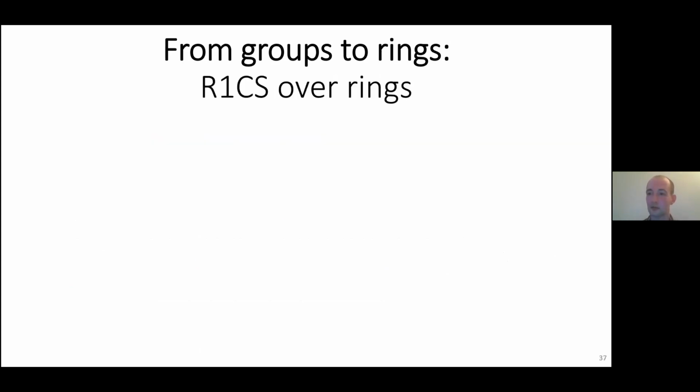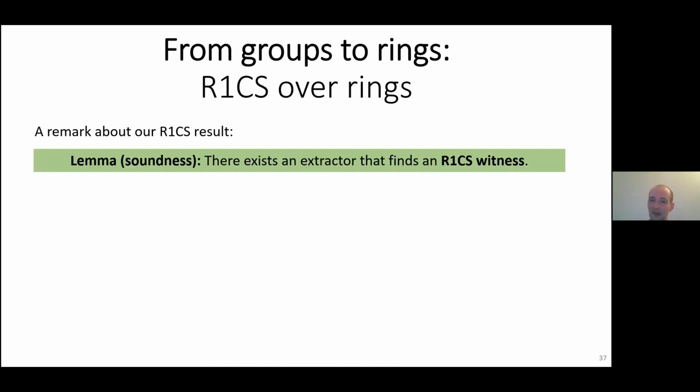Okay, so a last thing that you might be wondering about is, if we can only deal with relaxed openings to Pedersen commitments, how can we actually reason about R1CS and general statements? Wouldn't we only get a solution to a relaxed R1CS instance? So we can get an exact R1CS instance.